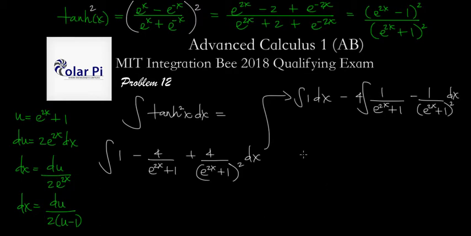So making all these substitutions and then knowing that the integral of 1 is just x, we write that right now we have x minus 4 times the integral of 1 over u, and then minus 1 over u squared, and dx is du divided by 2 times u minus 1, right?